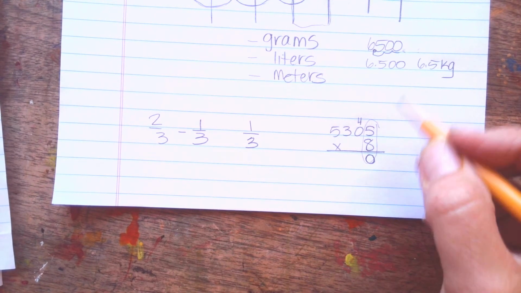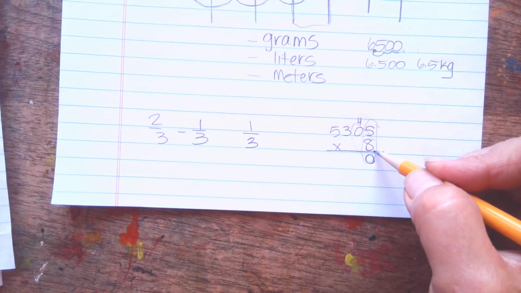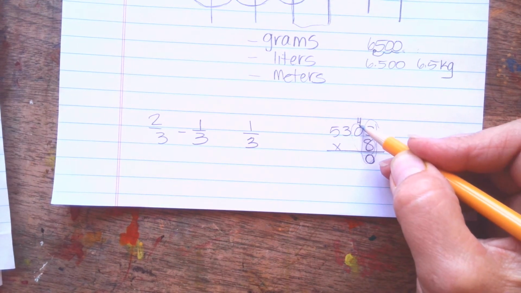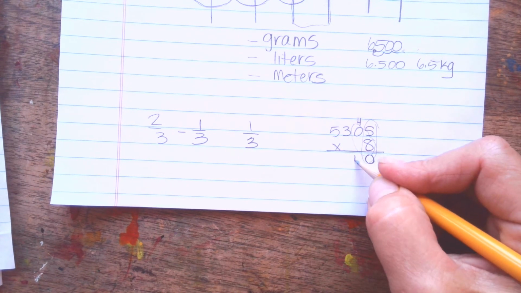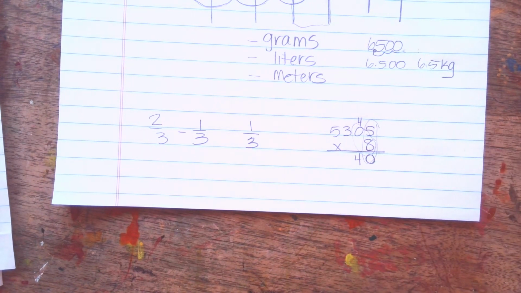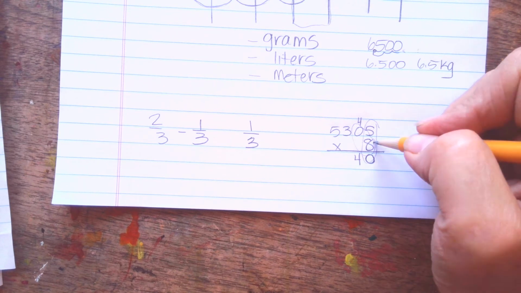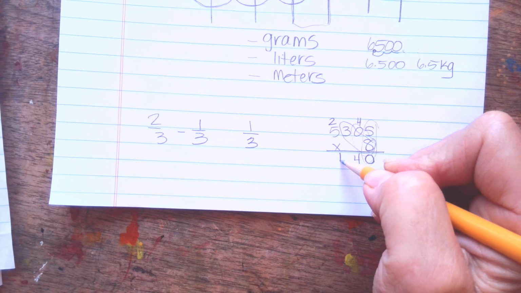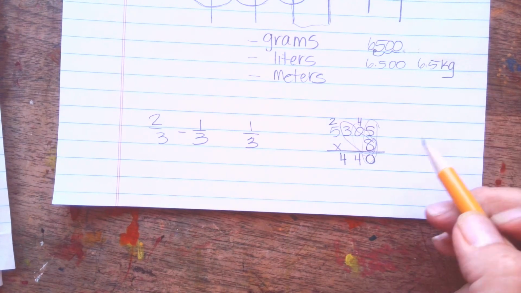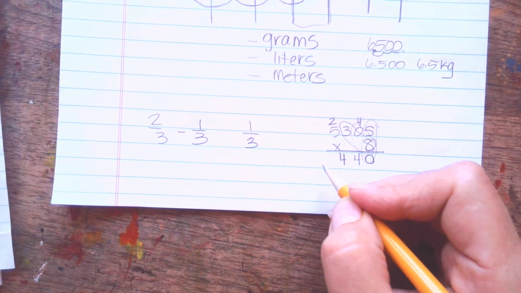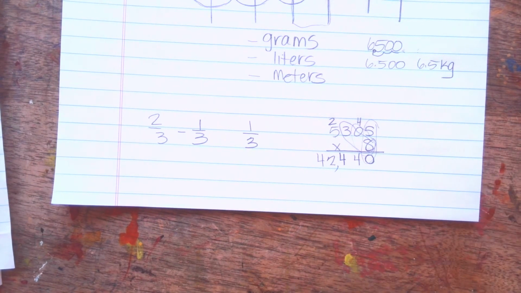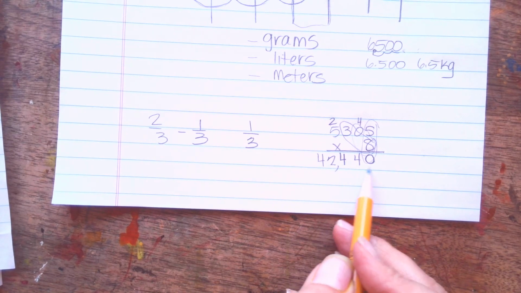Our next step is to do this. 8 times 0 is 0, and then we add whatever's up here equals 4. Does that make sense so far? Yeah. And then 8 times 3 is 24. We put the 2 up here, we put the 4 here, and then 8 times 5 is 40, plus 2 is 42, and then we put our comma in. So number 3 is 42,440. Any questions about that?